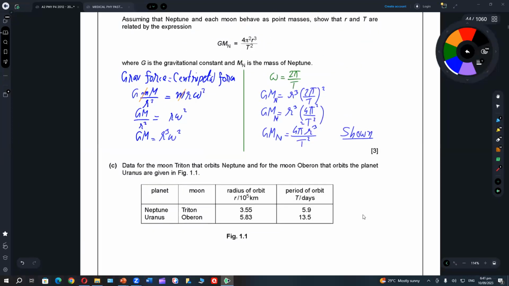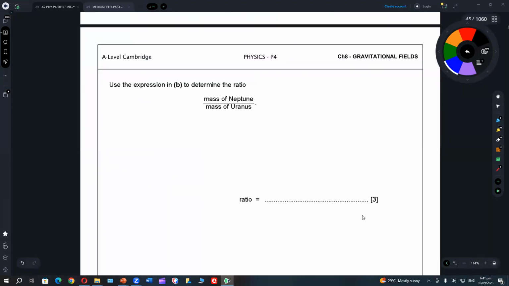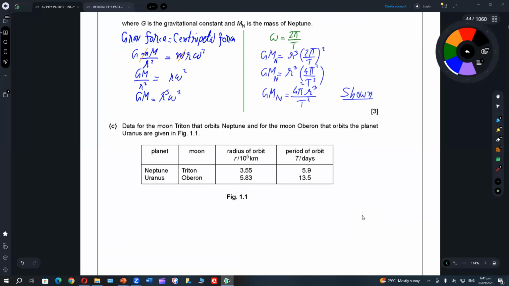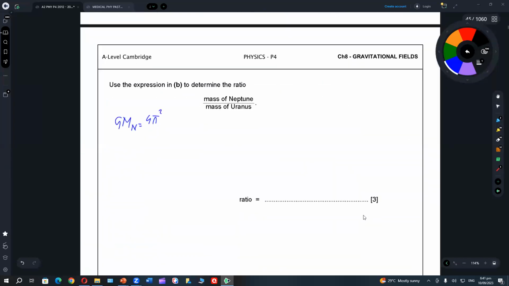So we can make the formula G mN is equal to 4 pi square r cube upon T square.